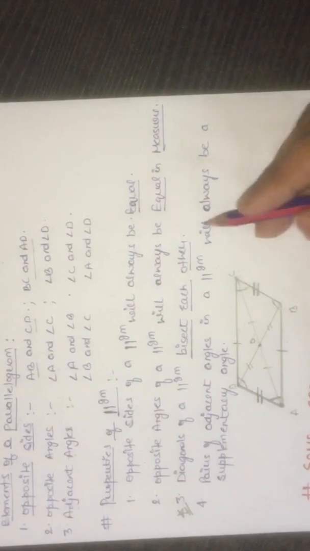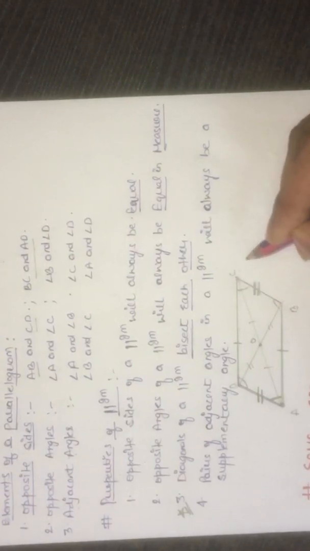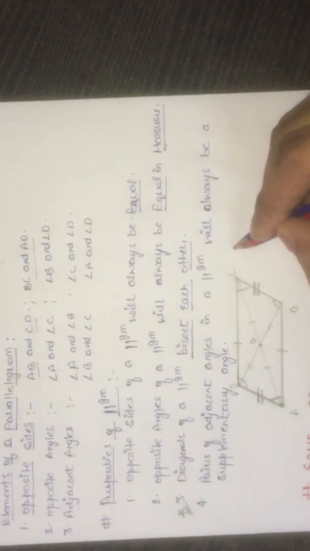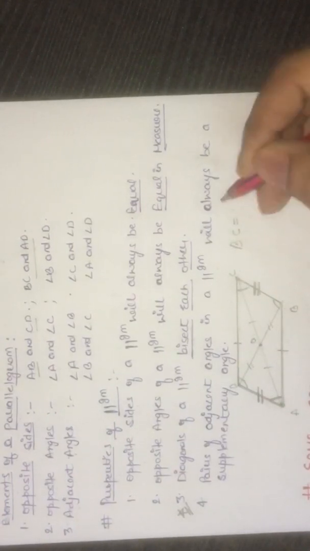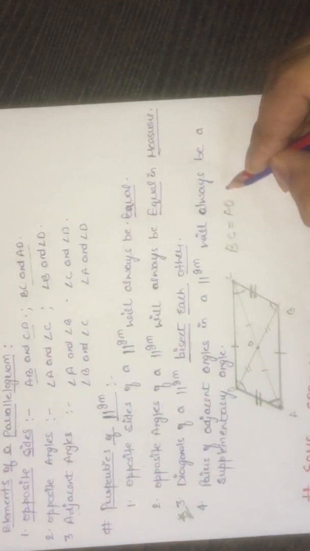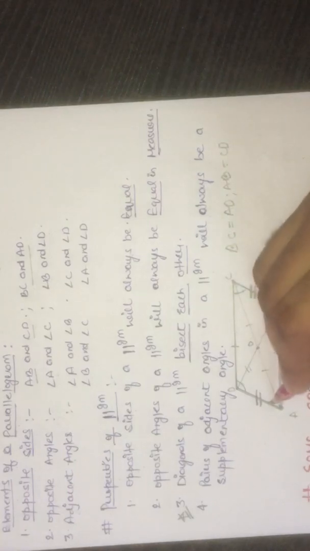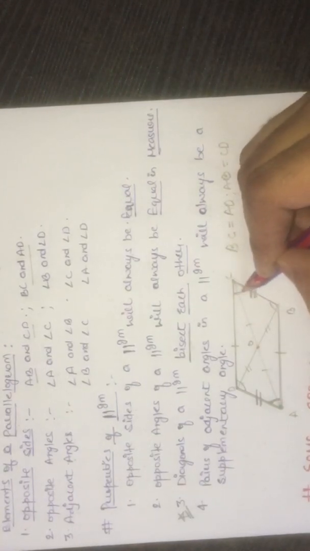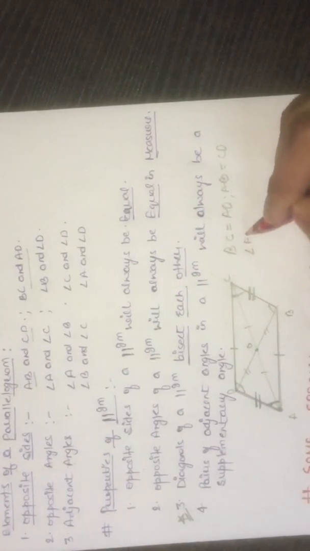BC is parallel and equal to AD. Similarly, AB is parallel and equal to CD. This is the first property. The second property is that opposite angles are equal in measure. That means angle A equals angle C.